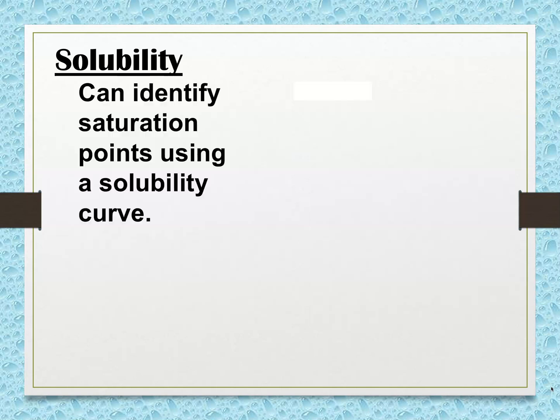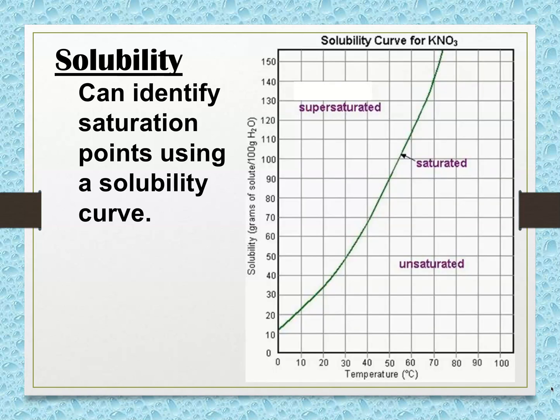Alrighty then. With solubility, we can identify saturation points using the curve. That's the cool thing in order to identify what's going on. For example, based on your y-axis and your x-axis, when you're on the line, you are a saturated solution. If you are above the line, you are a supersaturated solution.